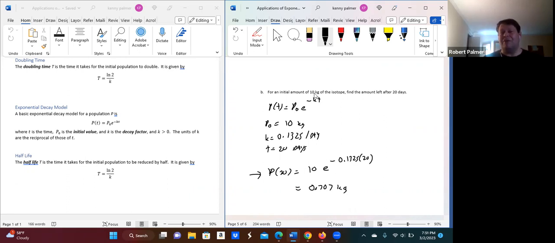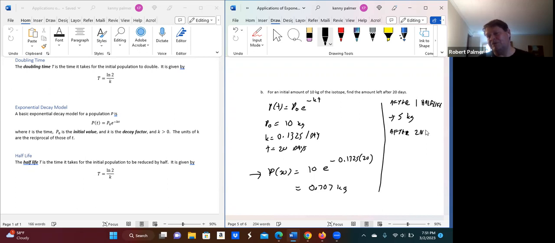So first the half-life reduced from 10 to 5. Let's write this out on the side. How do we explain this? After 1 half-life, we have 5 kilograms. After the second half-life, we're taking half of that again, which is going to be 2.5 kilograms.